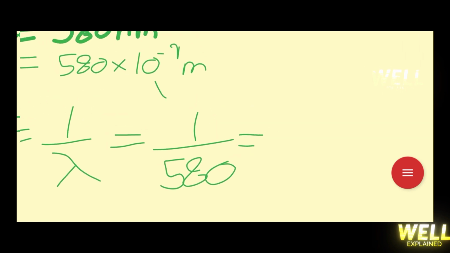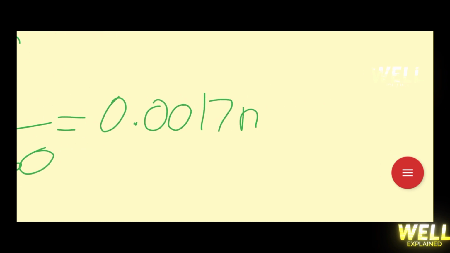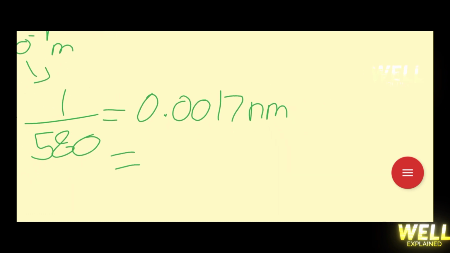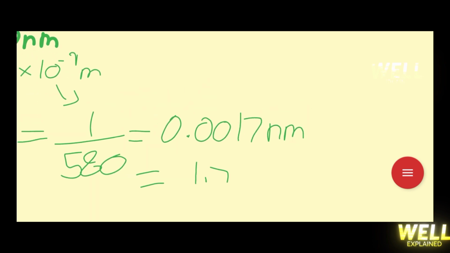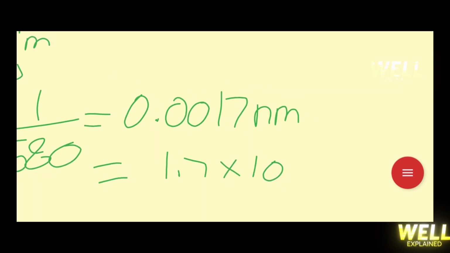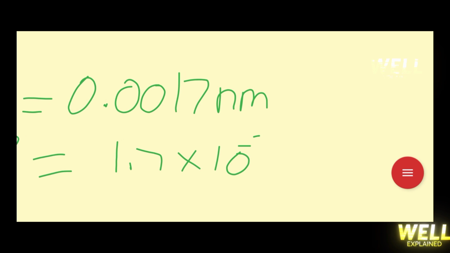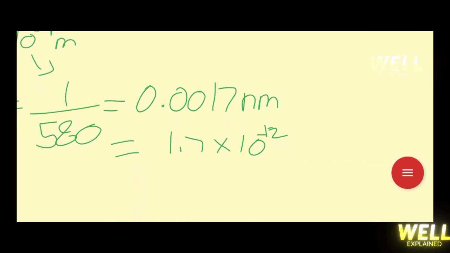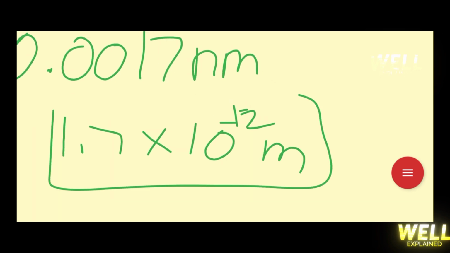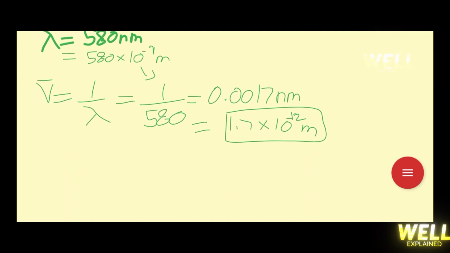This is 0.0017 nanometer inverse, that is 1.7 into 10 to the power minus 12 meter. 1.7 into 10 to the power minus 12 meter is the answer for wave number.